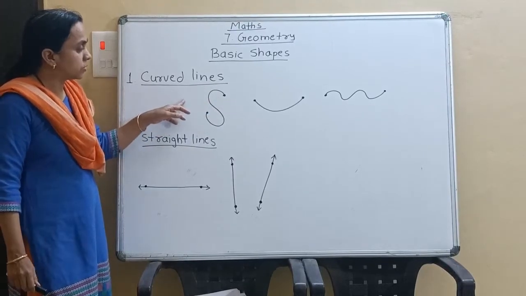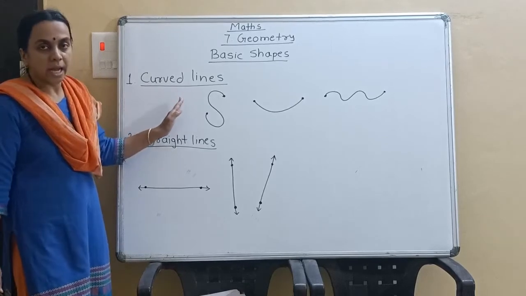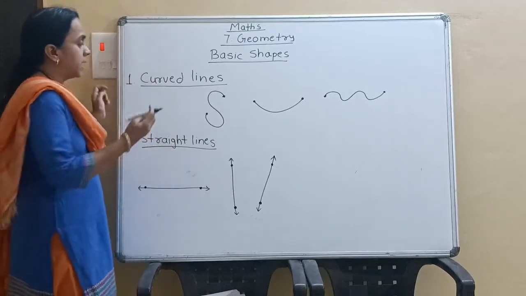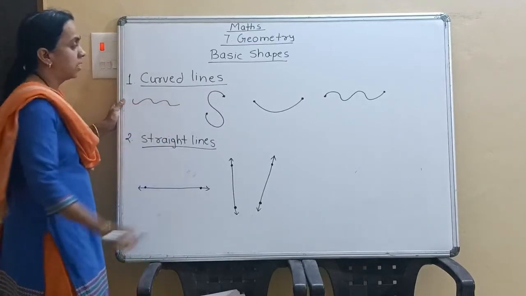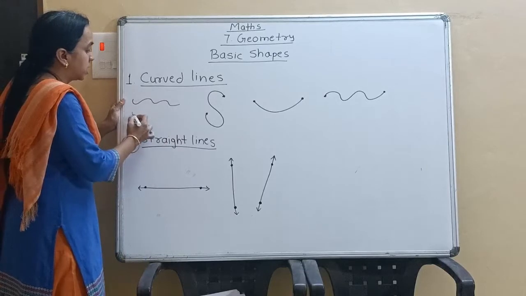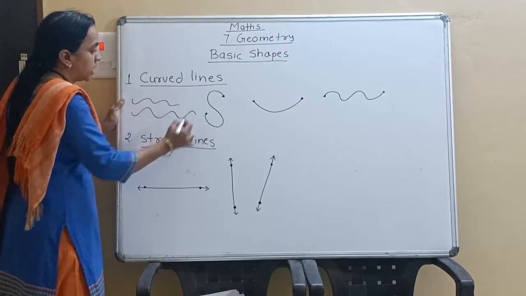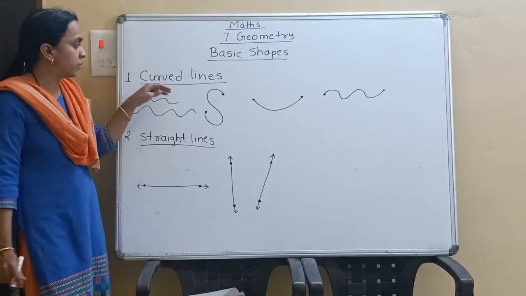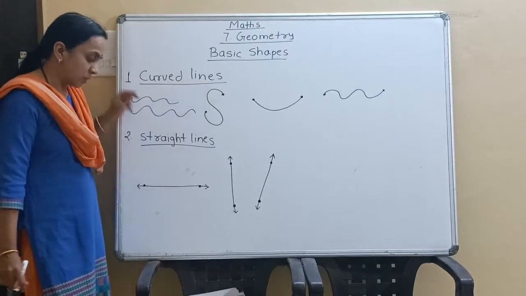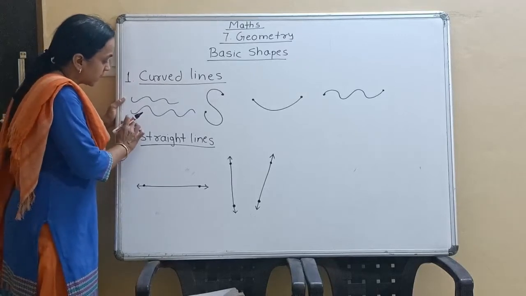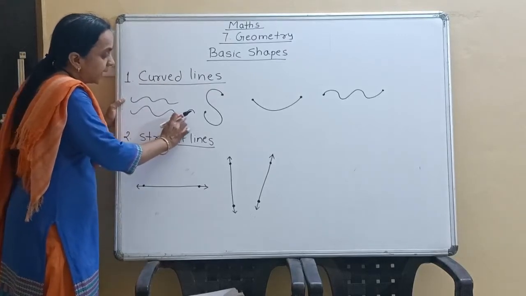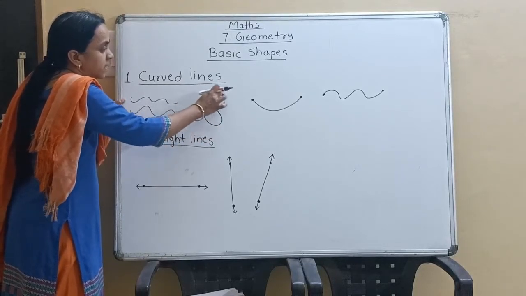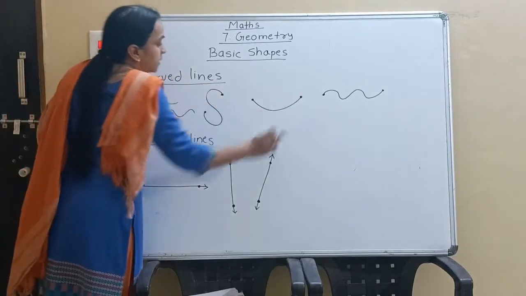We do not need any kind of scale, and there is no measurement for these curved lines. These are also known as bent lines. They are not straight lines, they are totally bent lines.